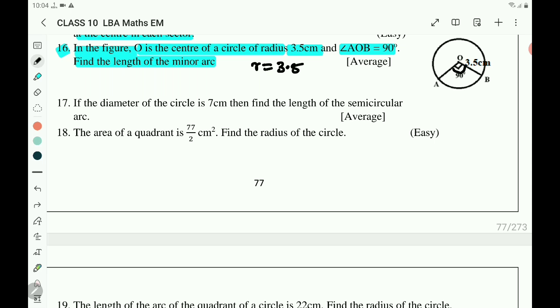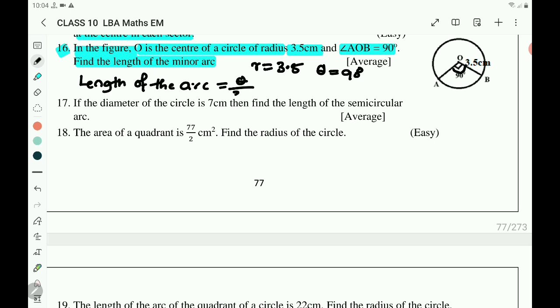So what is that formula here? Theta is equal to what? 90 degree. Then what is asked? Length of the minor arc. Same formula you have to write. Length of the arc, that is nothing but here minor arc, is equal to what?